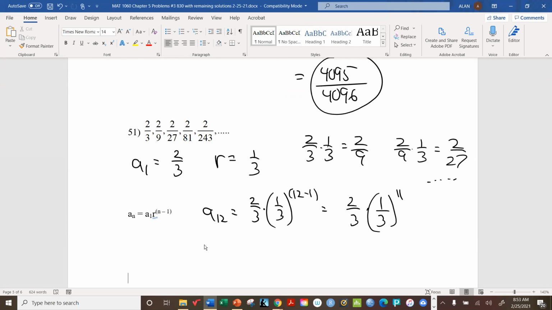Okay, so we've got 2/3 times 1 to the 11th over 3 to the 11th.